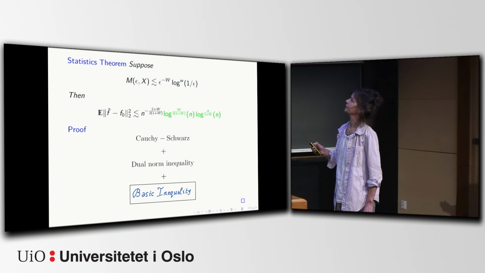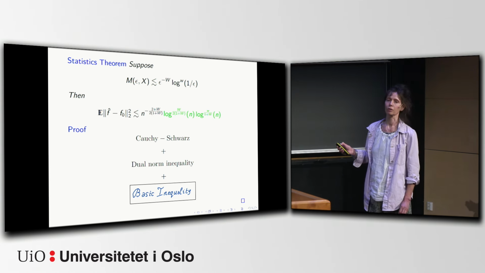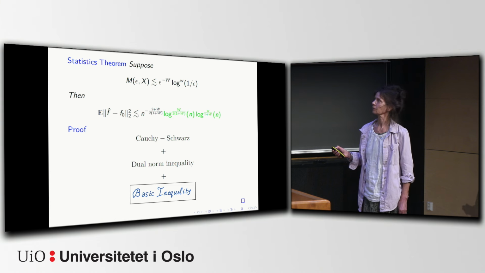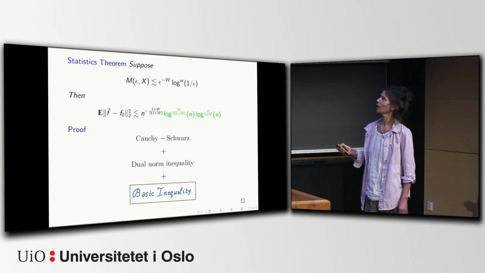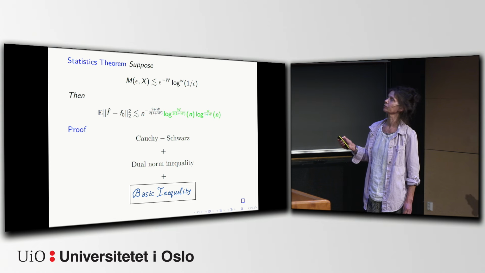The point here is that the smaller w, the better off you are. This tells you how much better I am doing if I have more observations, and how much faster this goes to 0 if my w is very small.